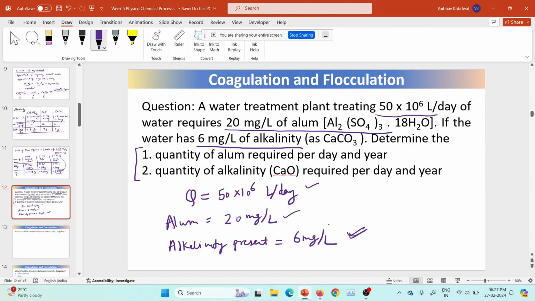Whether that alkalinity is sufficient or not, we will calculate how much alkalinity is required based on the stoichiometric equation. If alkalinity is plentifully available, then we need not require the lime requirement. But if this alkalinity is less than the required alkalinity, then we will calculate how much lime is required. Now let's proceed.